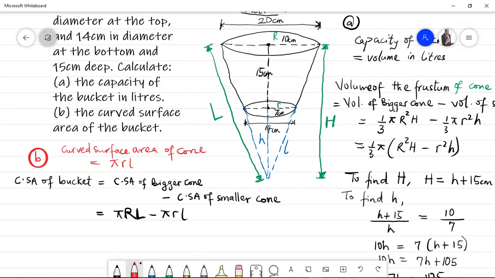So follow my letters, please, so that you know the triangles I'm picking on. If I call this A, let me call this one B, and let me call this C. So this can be D, and this can be E, and I can call this F over here, and probably this one G. So now, I need to find big L and small l.